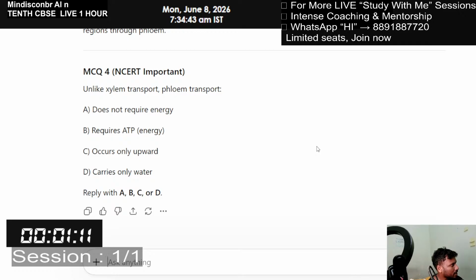Unlike xylem transport, phloem transport requires ATP.